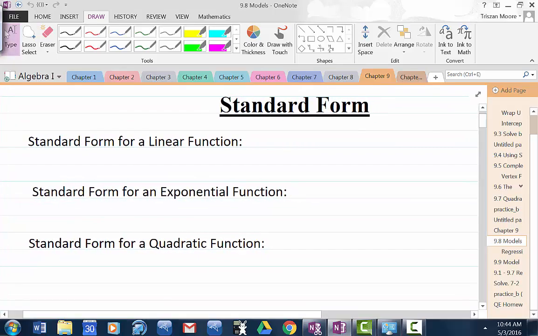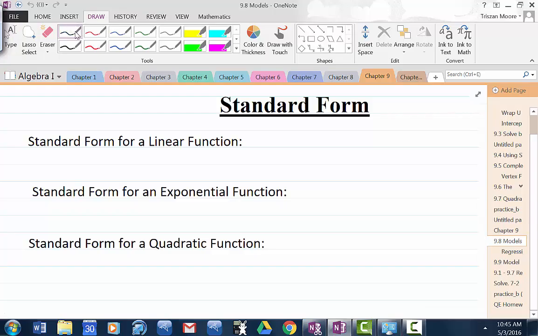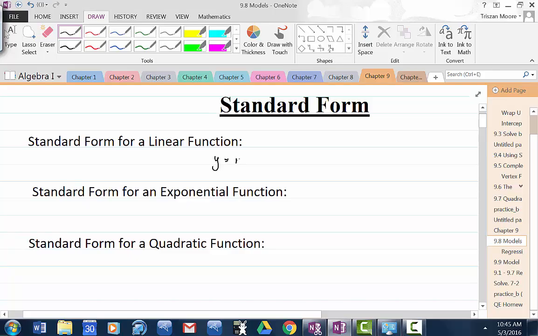Here we go. All right, we're gonna be doing models: linear models, exponential models, quadratic models. And I think it's important to understand what each model looks like. From the standard form, a linear function always looks like y equals mx plus b.